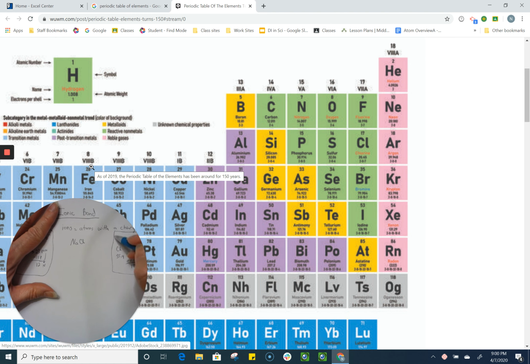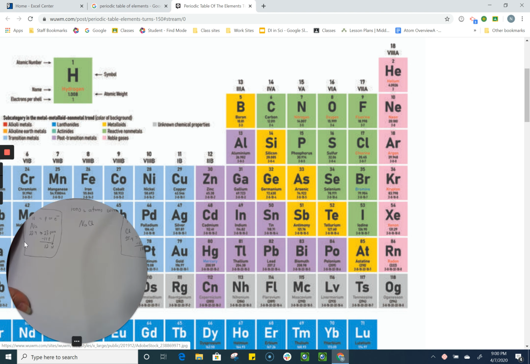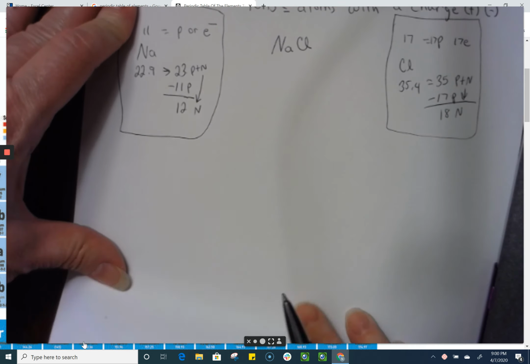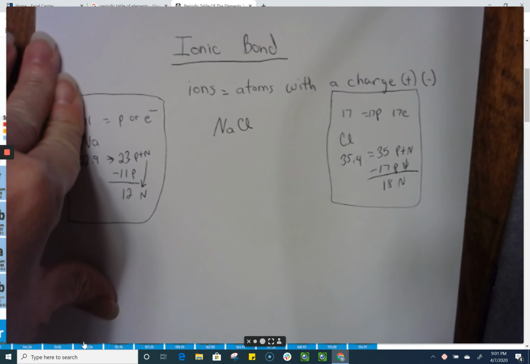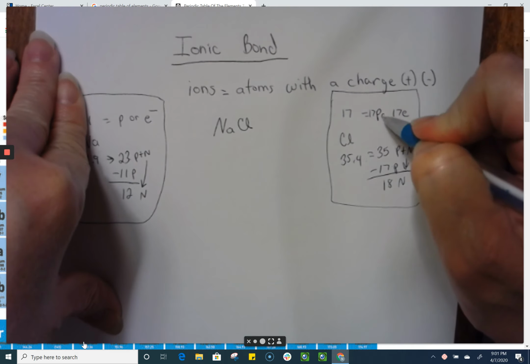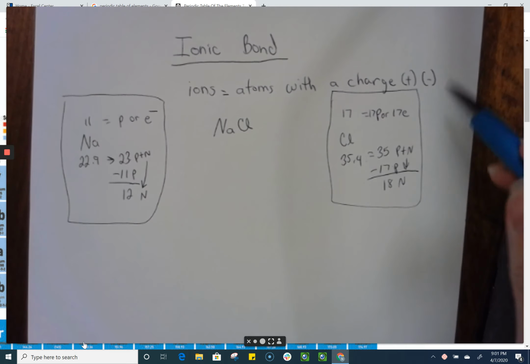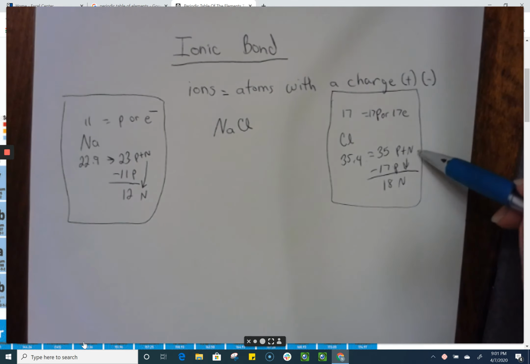So now we want to diagram these atoms. Okay. So 17 protons or 17 electrons, 35 protons and neutrons combined. You subtract the 17 protons, you get 18 neutrons.